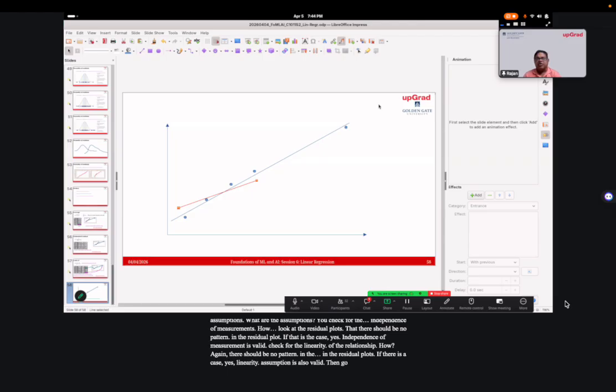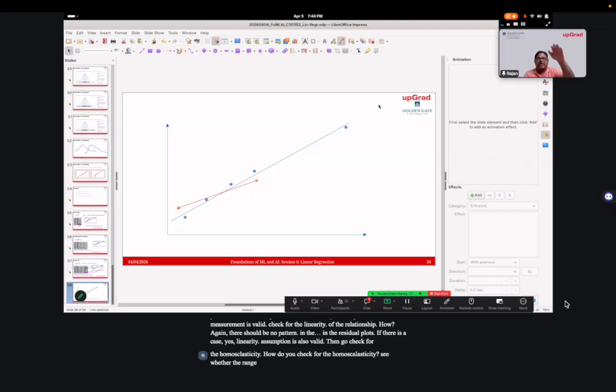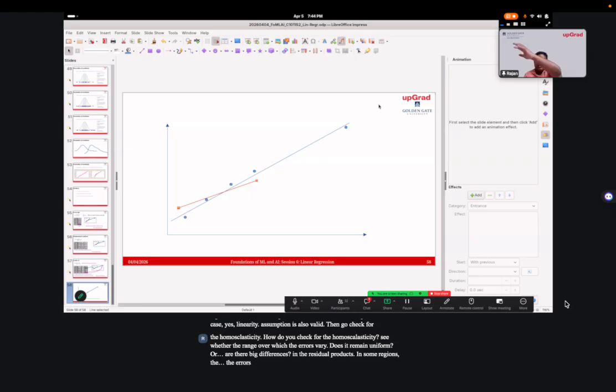Then go check for homoscedasticity. How do you check for homoscedasticity? See whether the range over which the errors vary remains uniform, or whether there are big differences in the residual plots. In some regions, the errors are tightly packed. In other regions, the errors are very loosely packed.